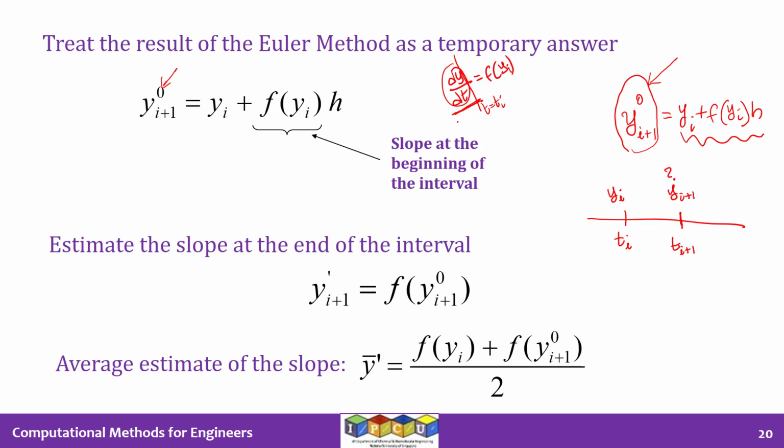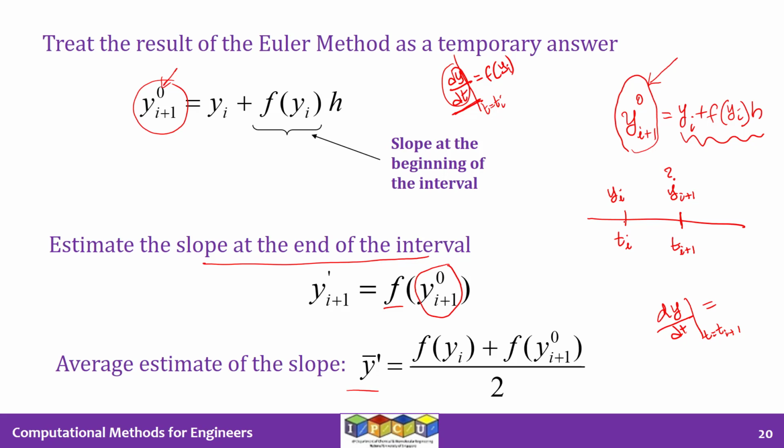Now what we are going to do is we are going to take this temporary answer that came from the Euler scheme and estimate the slope at the end of the interval. So we are saying my estimate of dy/dt at t equal to t_{i+1} is nothing but the function evaluated at the value that is provided by the Euler scheme. So that is the slope at the end of the interval. Now what we do is we estimate the average of the slope. From the start of the interval and the end of the interval, we have two estimates.